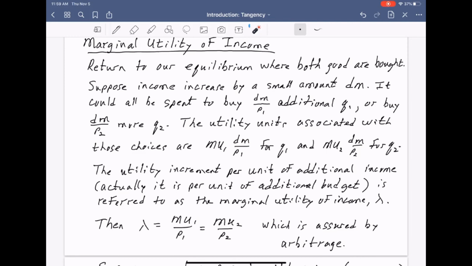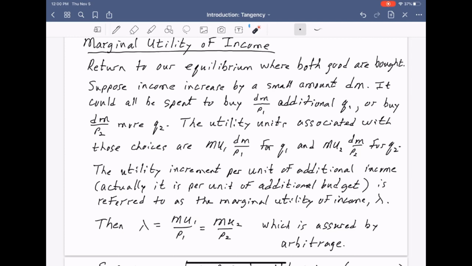Or we can buy this amount of utility units, given by MU2 times the change in income over P2, for Q2. So the utility increment per unit of additional income, and actually it's not income, that's sometimes confusing, but rather per unit increment of additional budget.